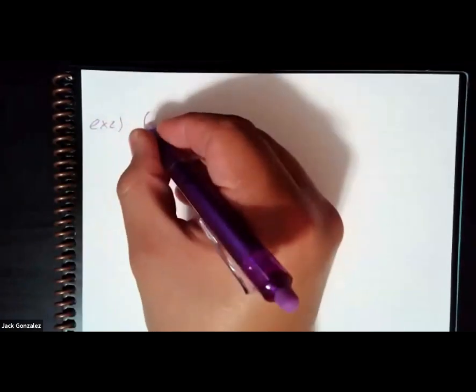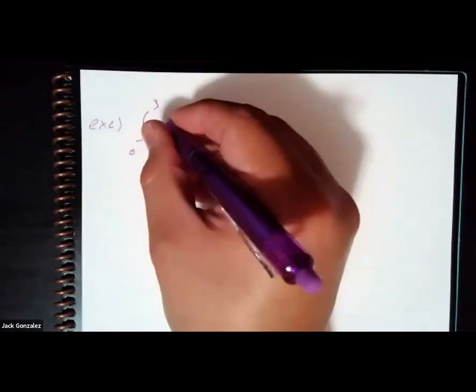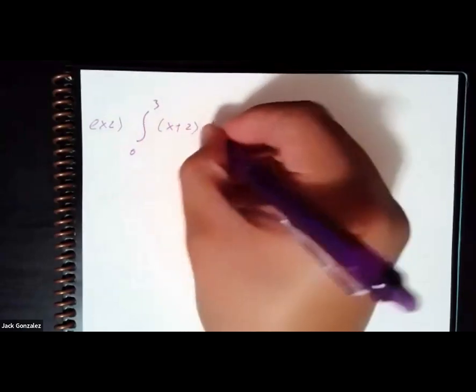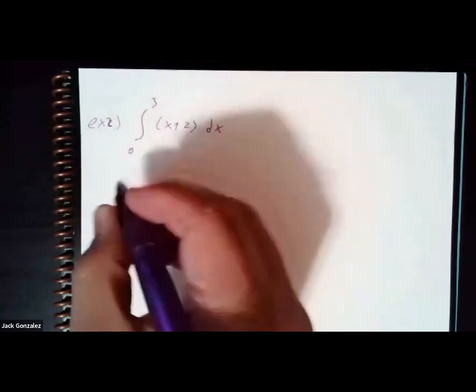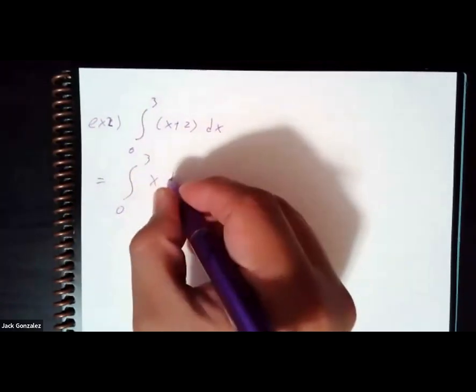Okay, cool. Let's do an easier one this time. I feel like that one might have been a harder way to start out here. Let's do the integral from 0 to 3 of x plus 2. So integrate each term separately.